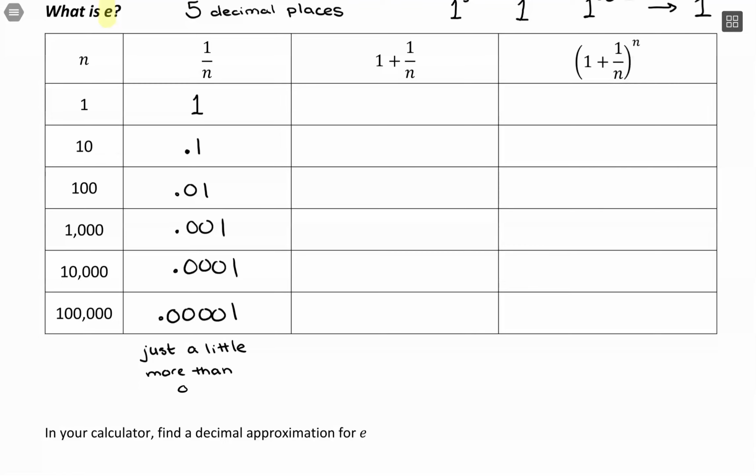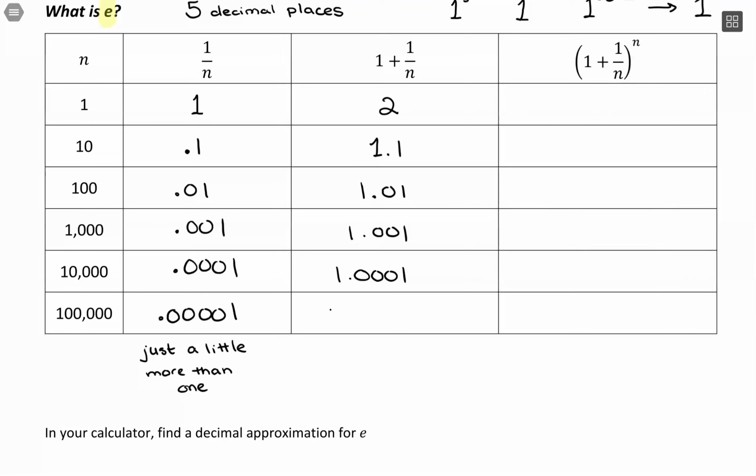So what if we take the value from this column and add it to 1? That's what the second column's asking to do. Take our 1 over n values that we just found and add 1 to it. So here would be 1 plus 1, which is 2, 1 plus 0.1, 1 plus 0.01, and so on and so forth.